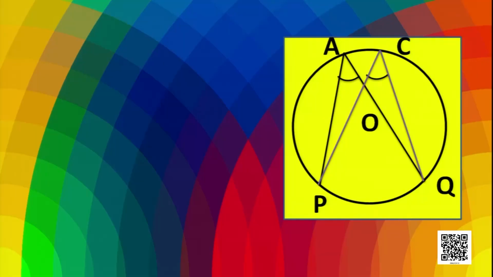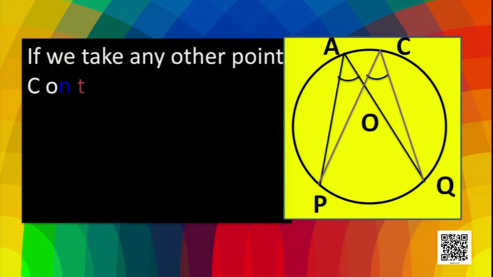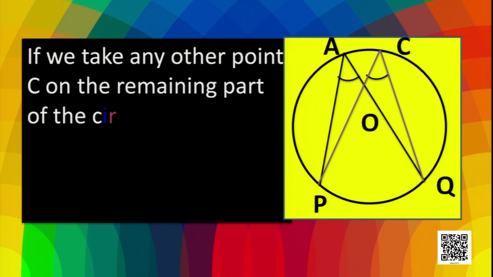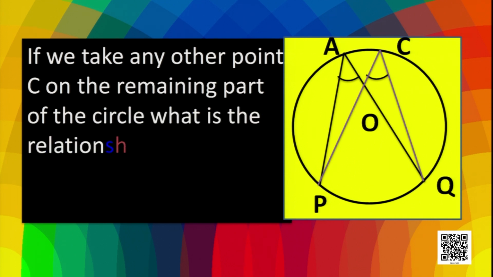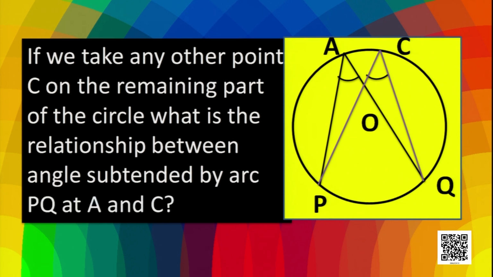Now you see, in this figure we have, apart from A, another point C on the same segment. So what about the angle subtended by PQ minor arc at the rest of the circle? If we take any other point C on the remaining part of the circle, what is the relationship between the angle subtended by arc PQ at A and C?